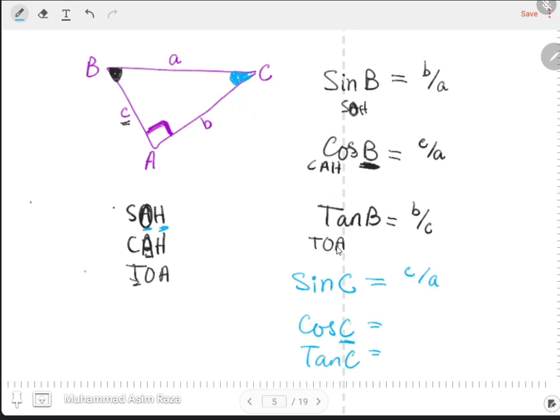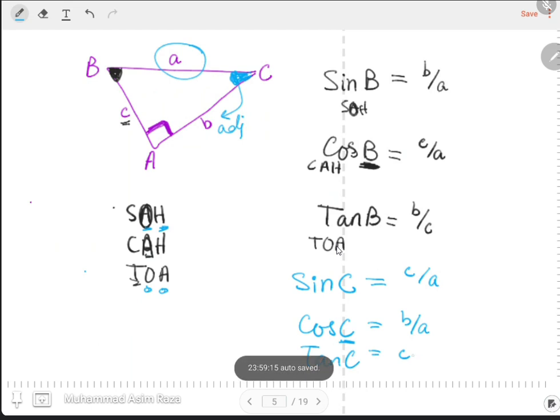Cos C: the hypotenuse will remain as it is always, and this will be adjacent of C, so it is B over A. And what is tan C? Tan C is obviously opposite over adjacent.